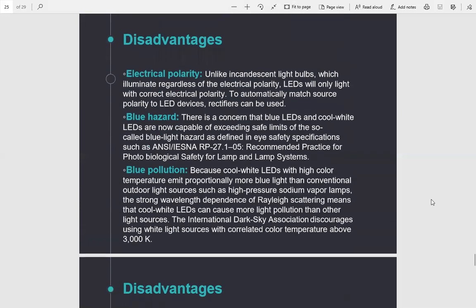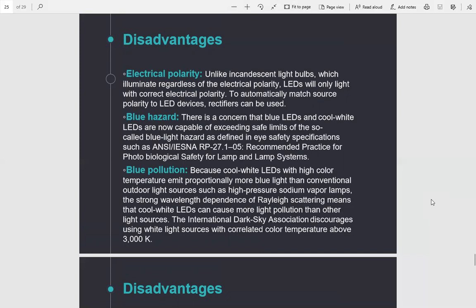Electrical polarity. Unlike incandescent light bulbs, which illuminate regardless of the electrical polarity, LEDs will only light with correct electrical polarity. To automatically match source polarity to LED devices, rectifiers can be used. Blue hazard.